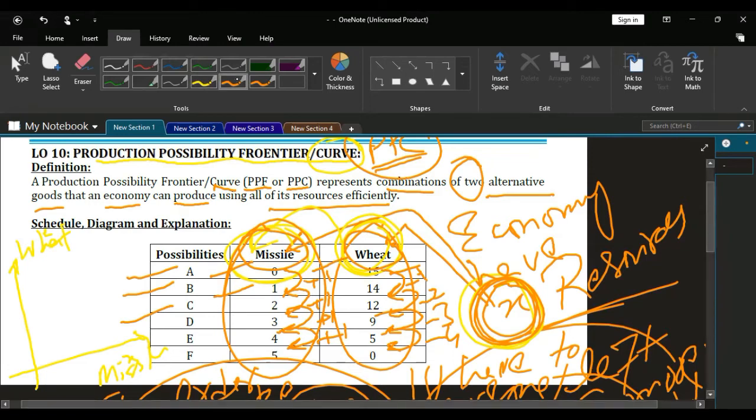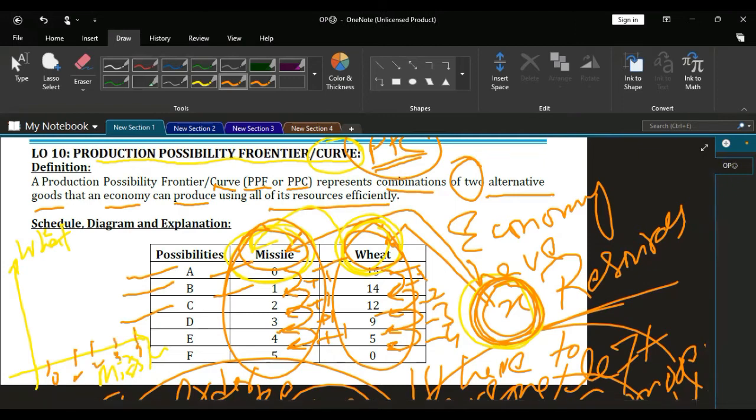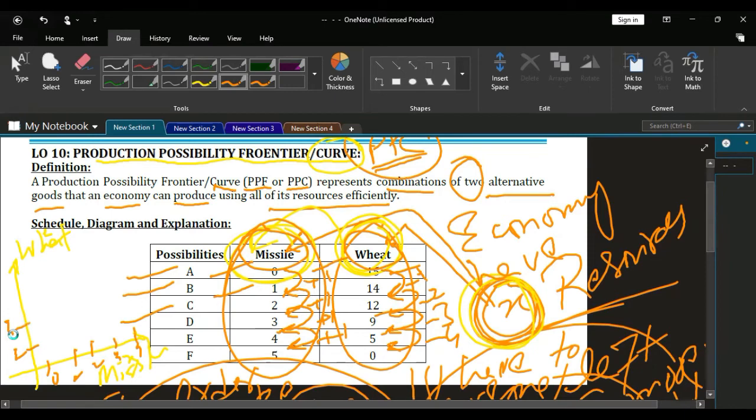Take a graph 0, 1, 2, 3, 4. And on the other side, the wheat quantity you can take 2, 4, 6, and similarly the other ones. So let's make the graph.